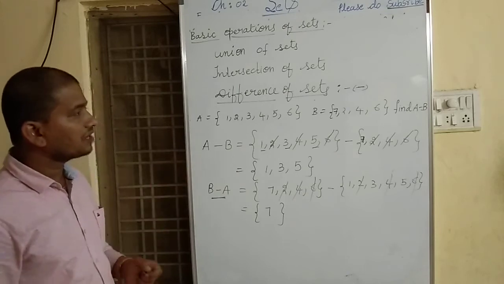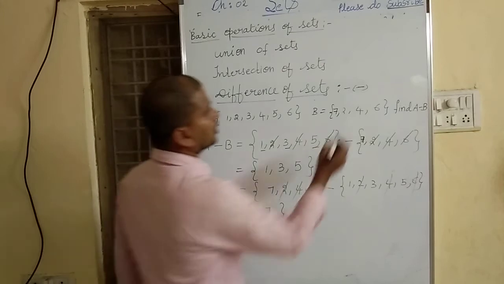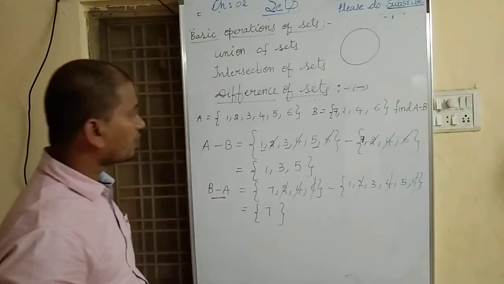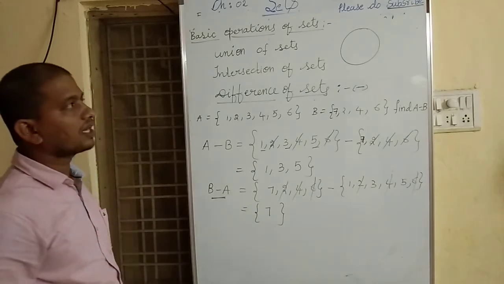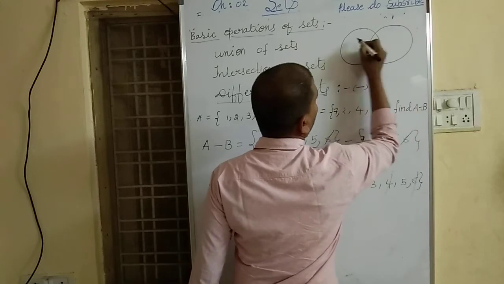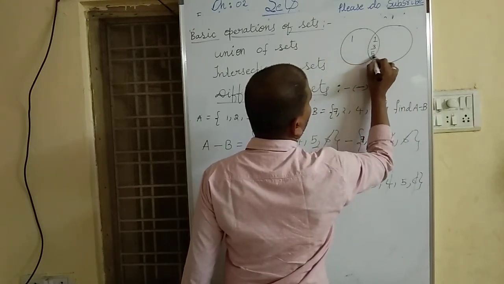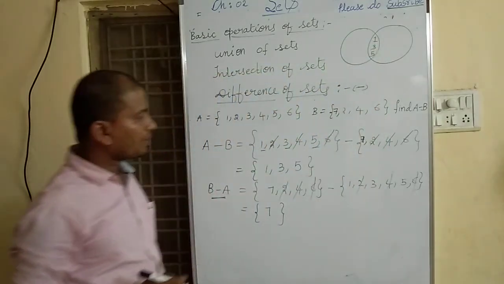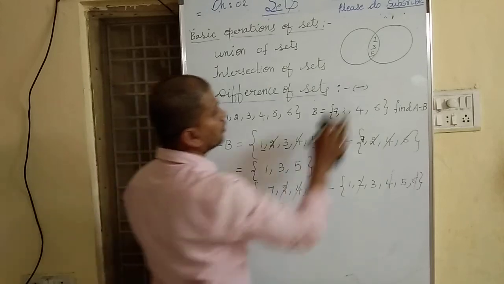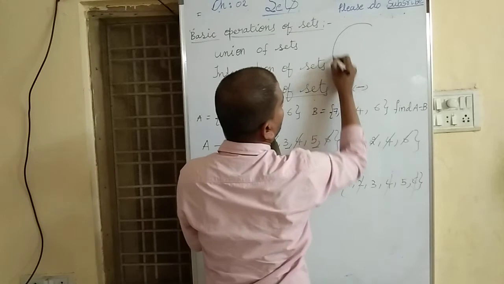Okay, let us represent this in a Venn diagram. A minus B. What are the common elements?